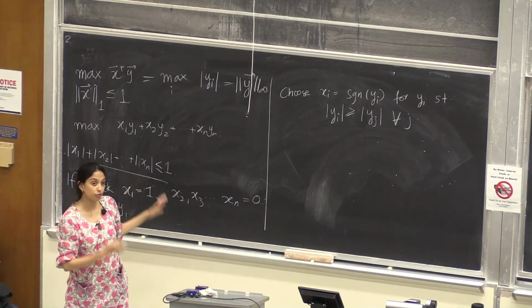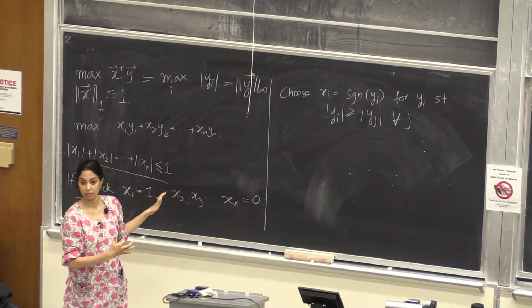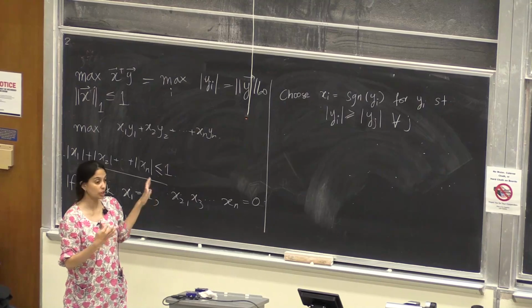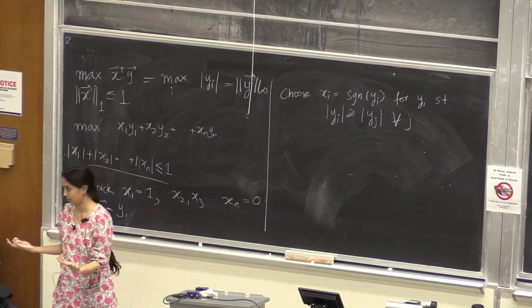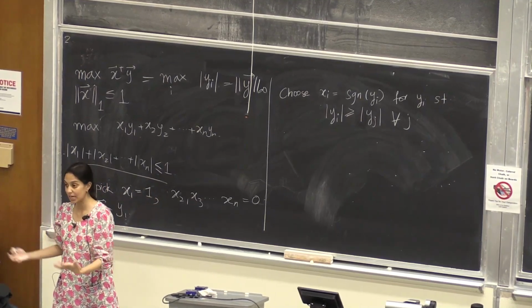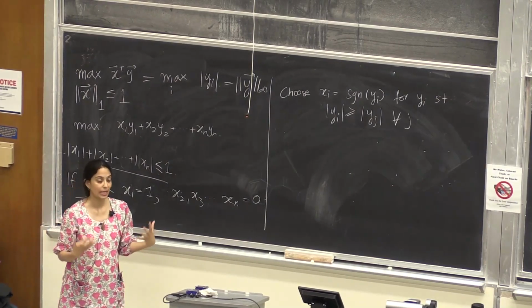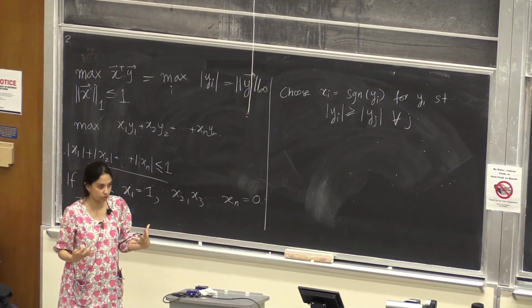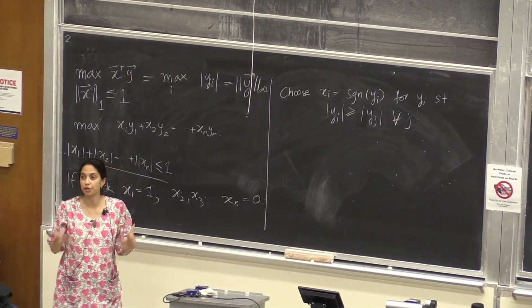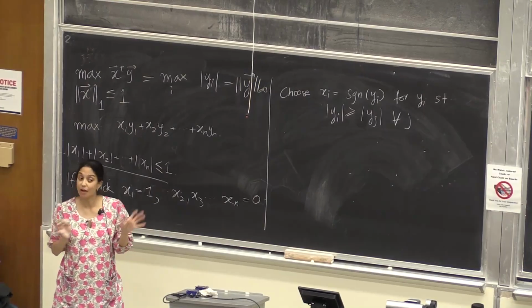Have we proved that this is the best one? No, we just said that this is achievable, right? This is one attainable, achievable value. We want to see, is this the best we could ever do? And that requires rigorous proof, right? So we haven't given that part.